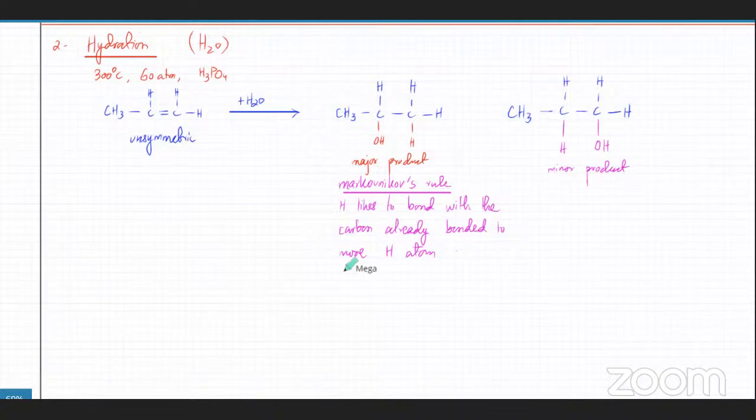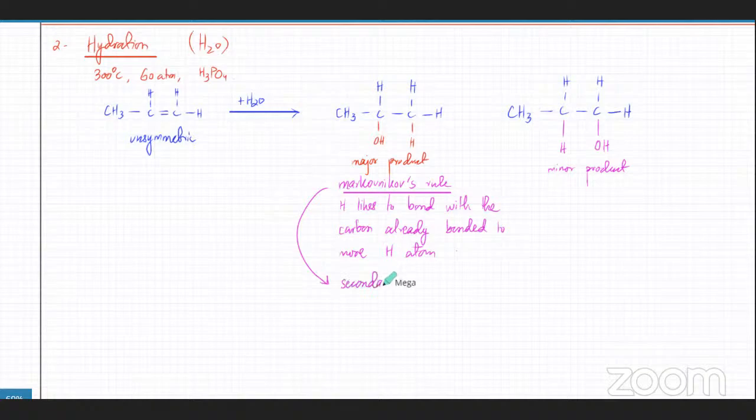the secondary or tertiary carbocations are going to be more stable. And why were they more stable? Because of the electron donating effect.